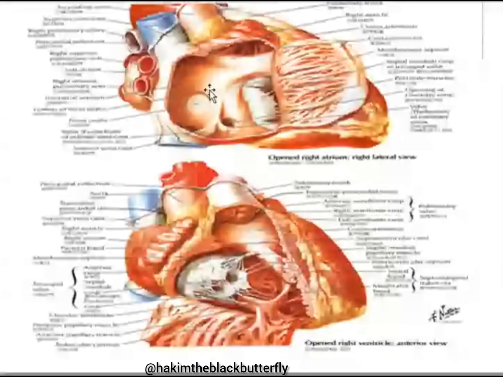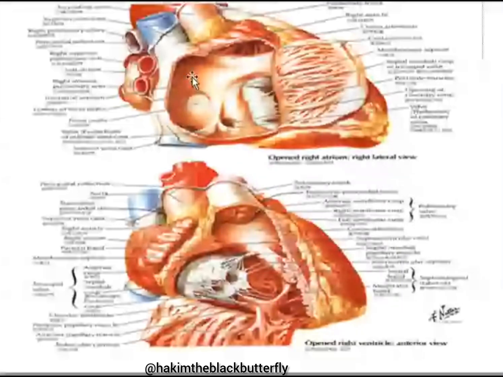We are going to see the right atrium on the inside. It has a rough part, which is the anterior wall which we have opened. This came from the primitive atrium. And it has a smooth part, which came from the sinus venosus.